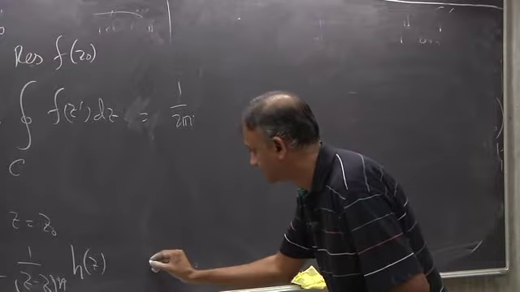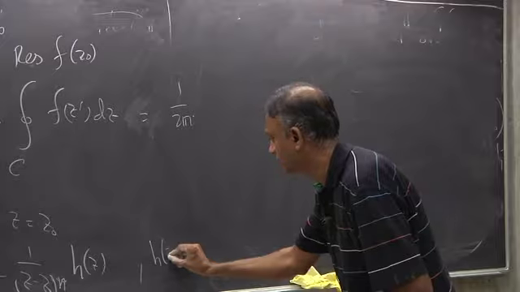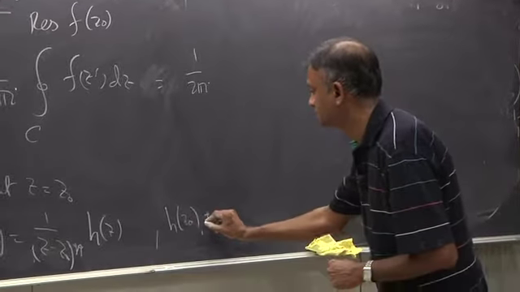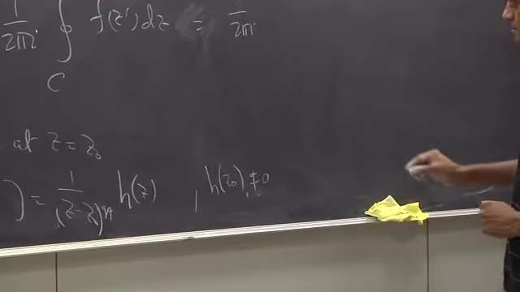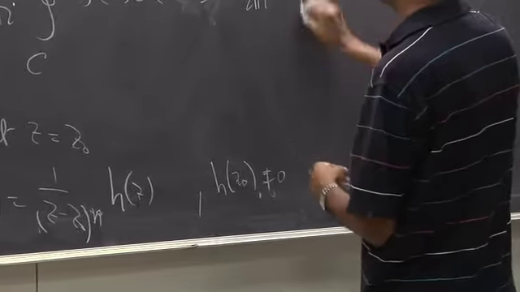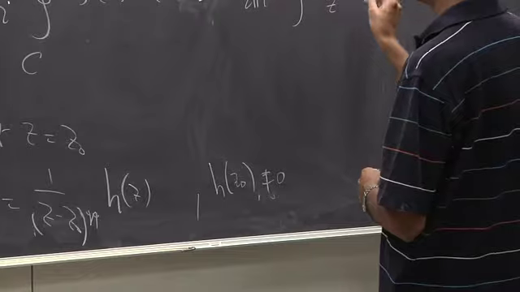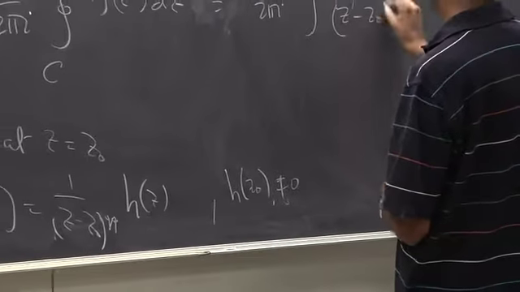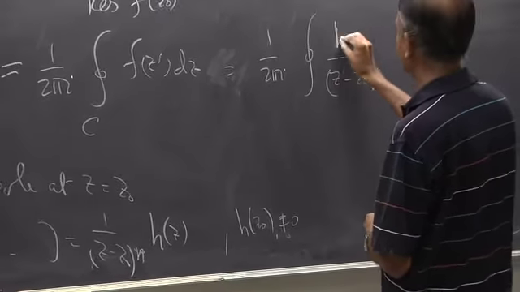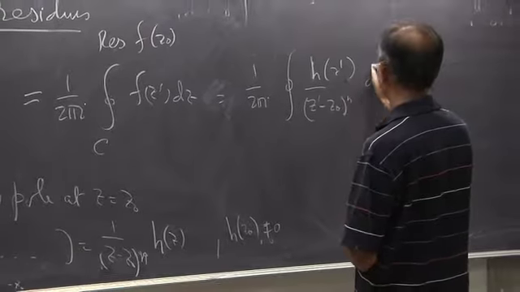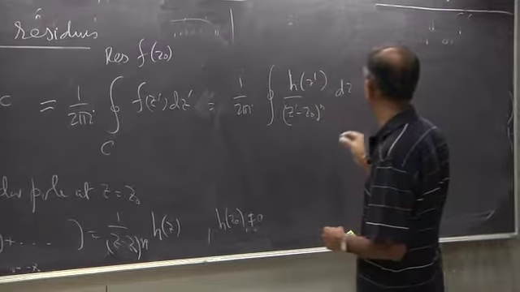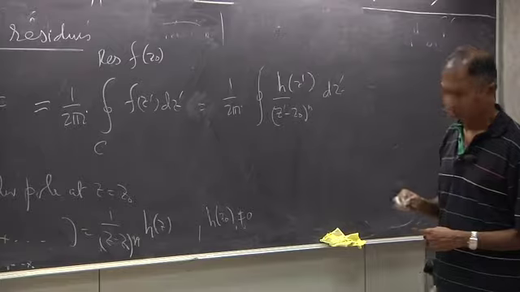So 1 over 2 pi i times the integral of h of z prime over z prime minus z0 to the power of n, dz prime. That's the integral.